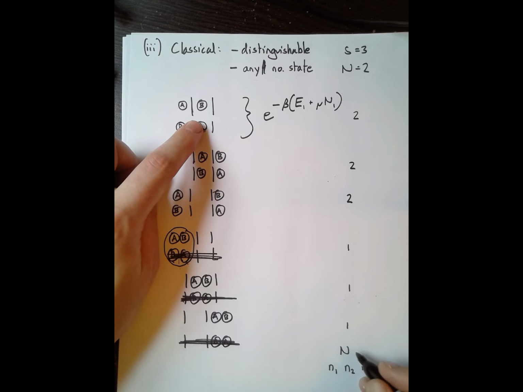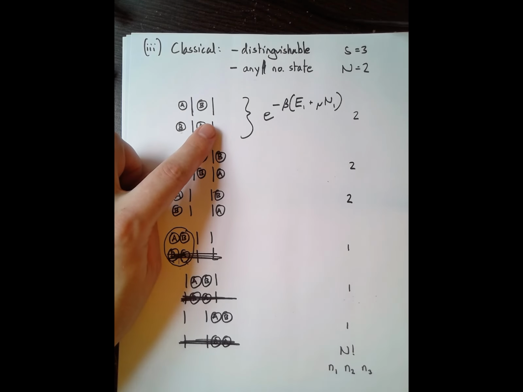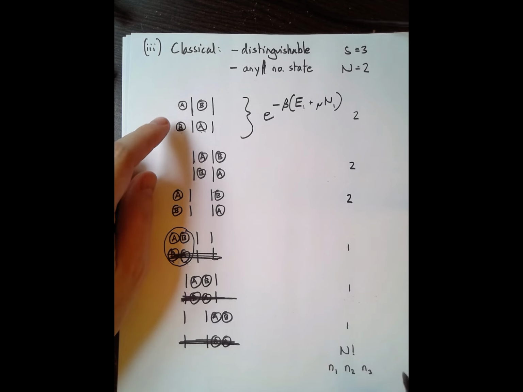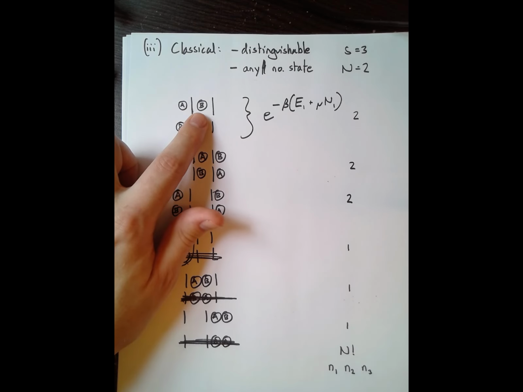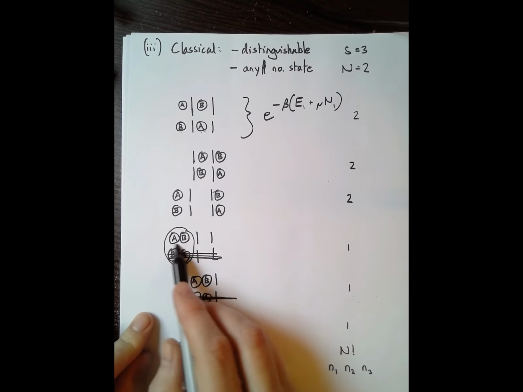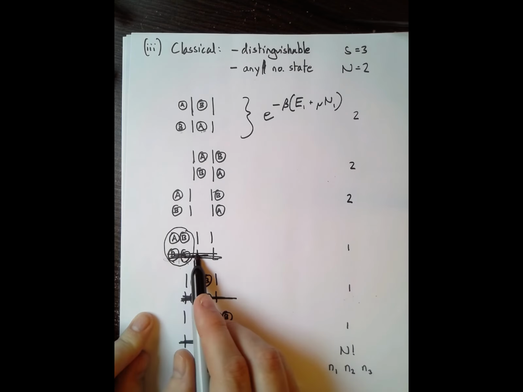So I can arrange the n particles n factorial ways, but the only thing that counts is how many ways I can arrange them between states. So I need to get rid of this double counting here.